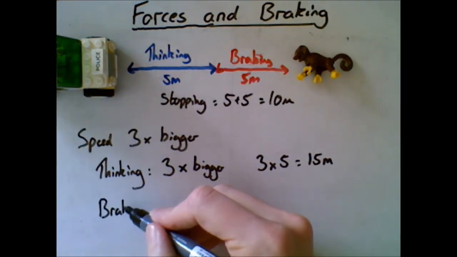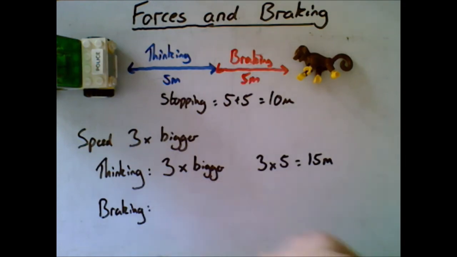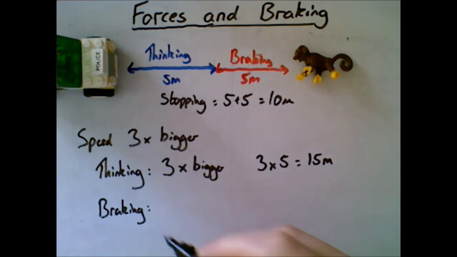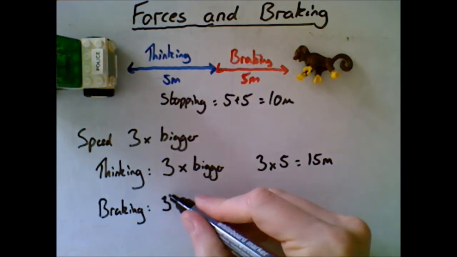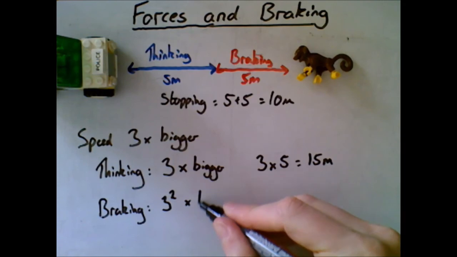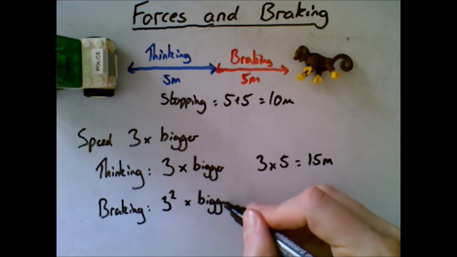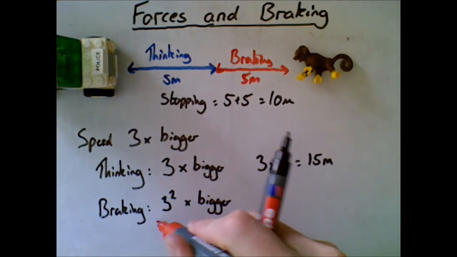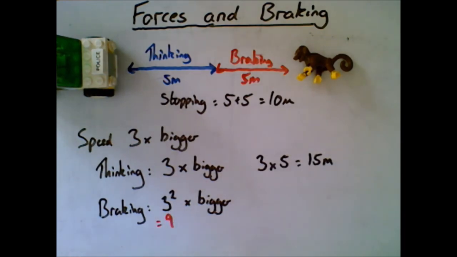Now what about the braking? Well, the braking distance, remember, is proportional to speed squared. And so if the speed is 3 times bigger, that means the braking distance is 3 squared times bigger. Okay, now 3 squared is obviously 9.